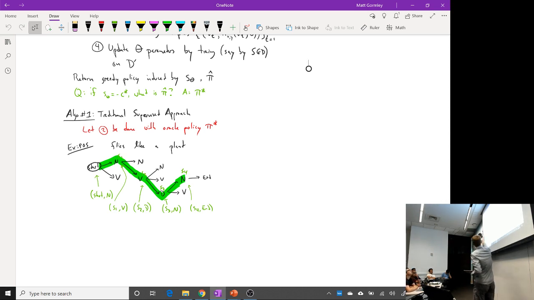So when we're in the start position and the sentence is flies like a plant, it should have a high score. We should update the parameters theta so that whatever our features are, they give higher weight to n rather than v. And then when we're in state S1, we're going to update the parameters to give high weight to action v instead of n.